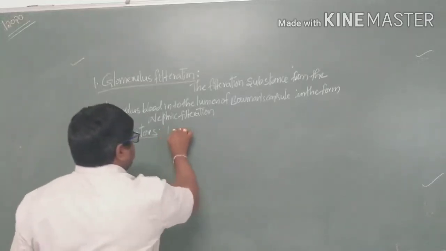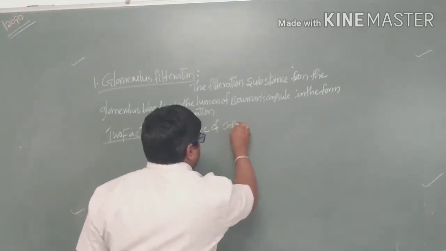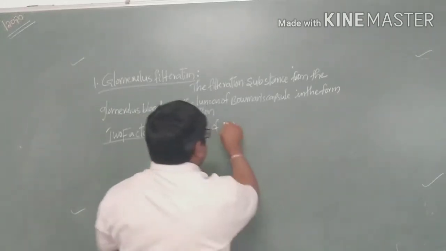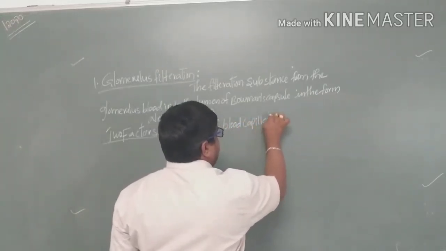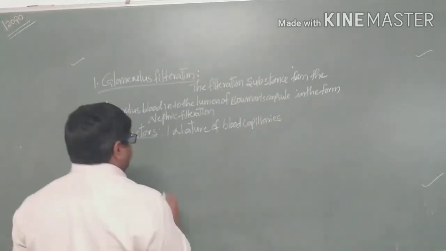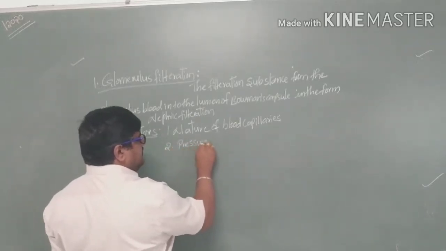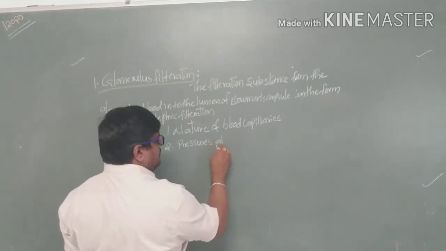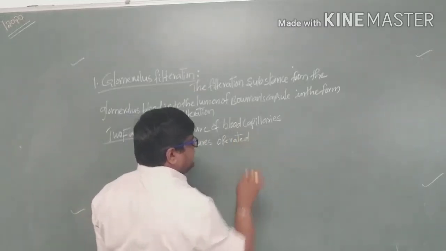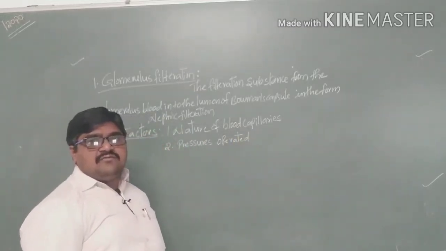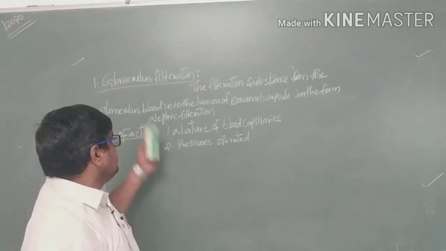The first one is the nature of blood capillaries, and the second one is the pressures operated. So these are the two factors which are helpful for the filtration of the glomerulus blood. This process we call glomerulus filtration.